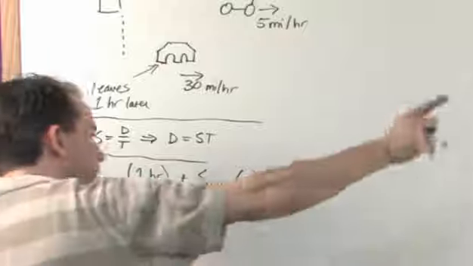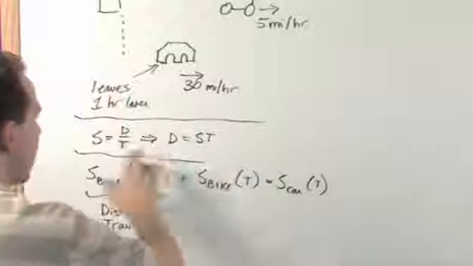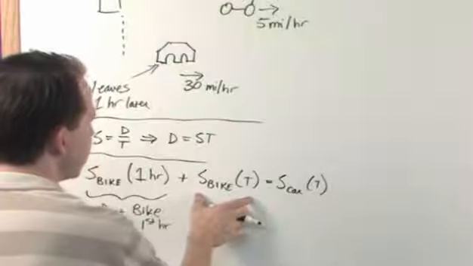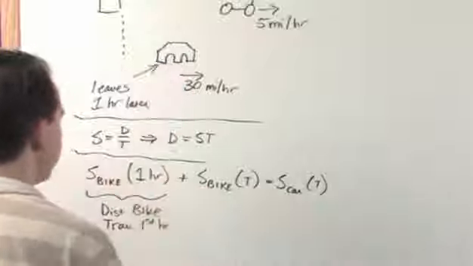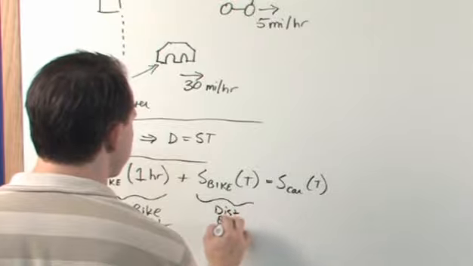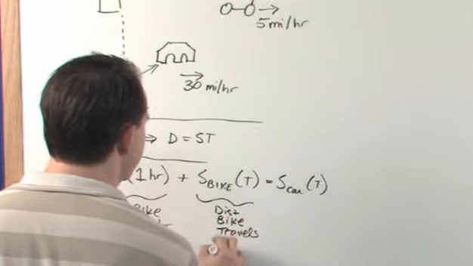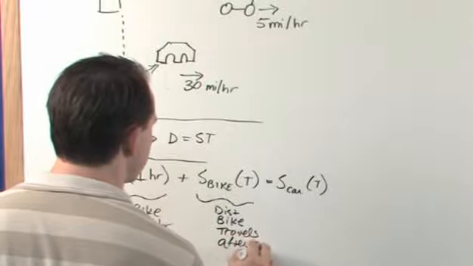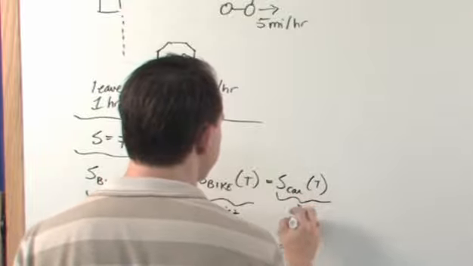So he goes down the road. He goes 50 feet down the road, whatever it is. Speed times time. Now, the clock starts. The car leaves, then the bike continues traveling at some distance, and the car is traveling at some distance. This is the distance the bike travels after the car leaves, and this is just the distance the car travels.